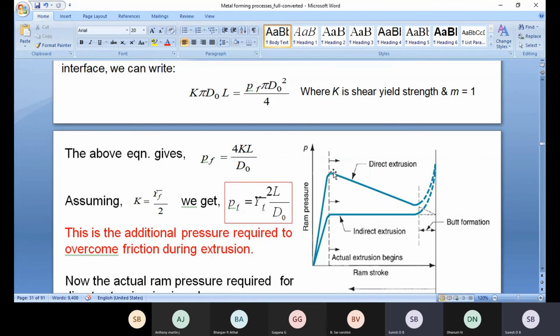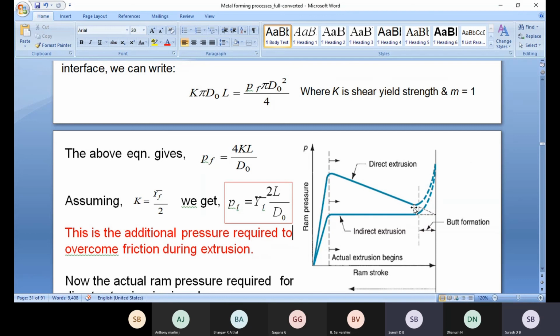Okay, in direct extrusion, in the curve, the maximum load is required in the beginning, and at the end of the extrusion process minimum force is required, because in the beginning of the extrusion process a maximum amount of material is present inside the container. At that time, maximum load or force is required to push the material, and at the end of the extrusion process only a small amount of material is present inside the container.